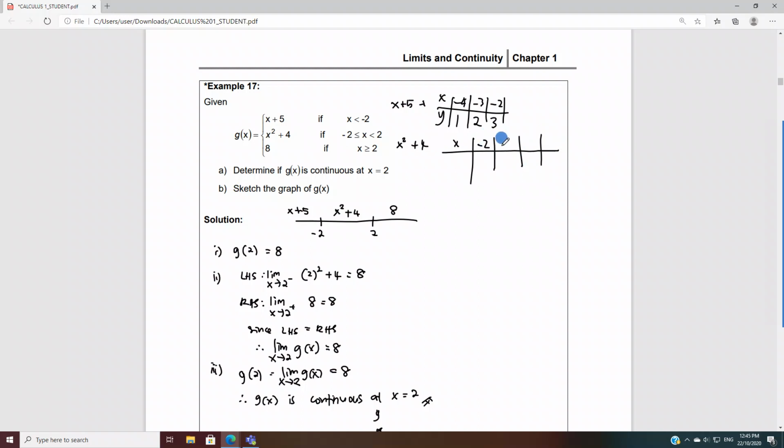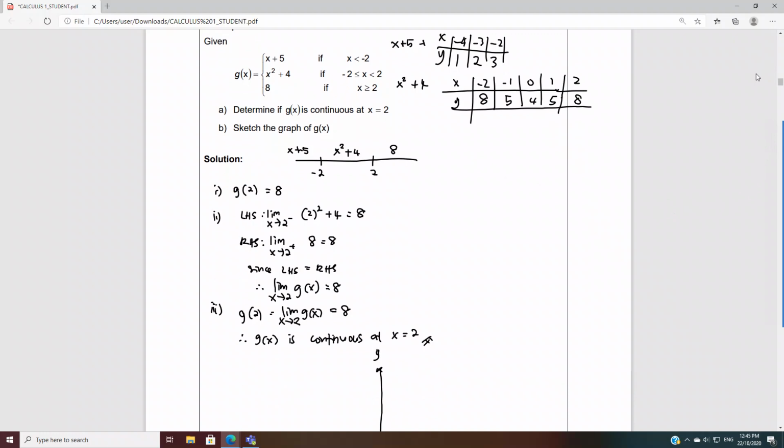So, negatif 2, negatif 1, kosong, 1, 2. So, berapa nilai untuk Y? Nanti dalam ganti dalam ni, kalau ganti negatif 2, Y dia dapat berapa? 8. Ganti 1, 5. Ganti kosong, 4. Ganti 1, 5, 8. Okay, so untuk yang ni 8 je lah straight kan.